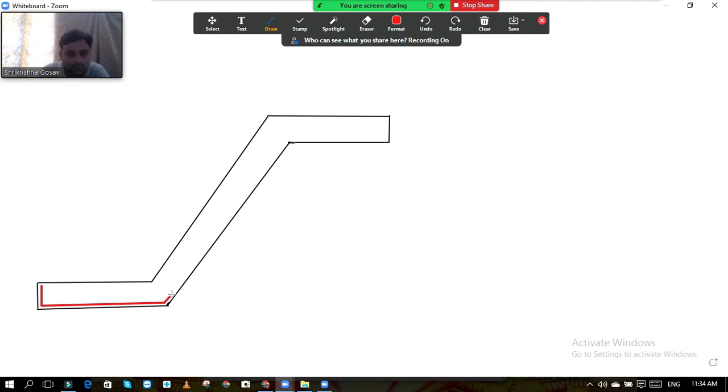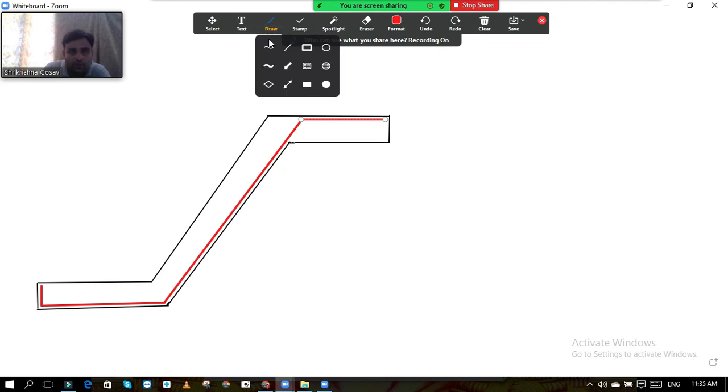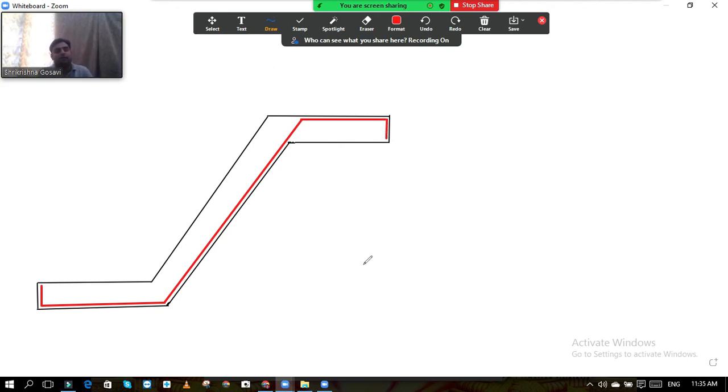So this is the main steel bar. This is the reinforcement. It moves in this way. It is provided like this. The distance which you have seen is the clear cover which is kept.